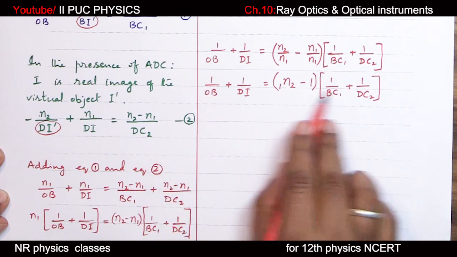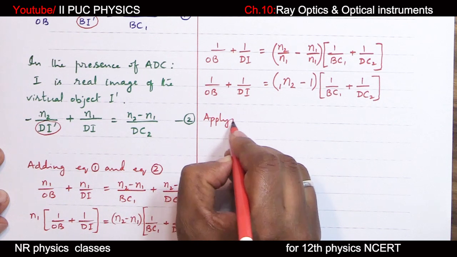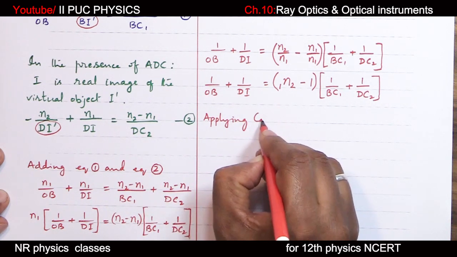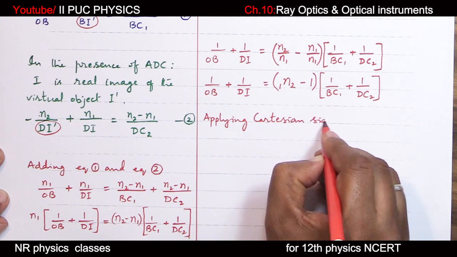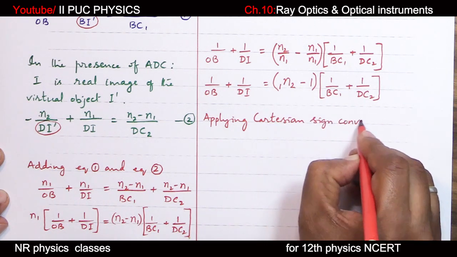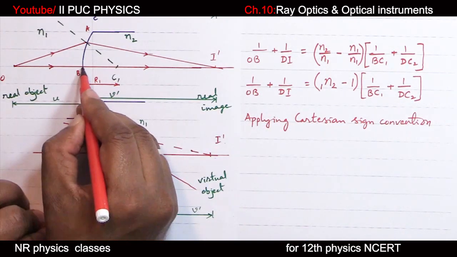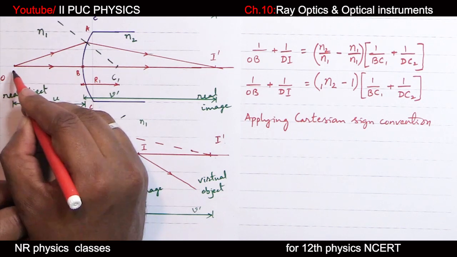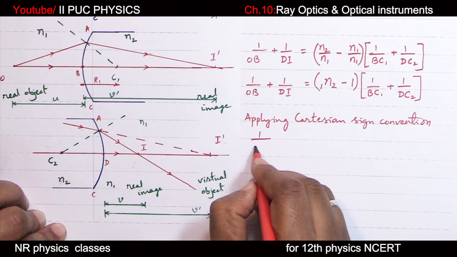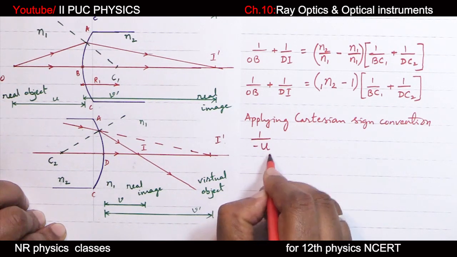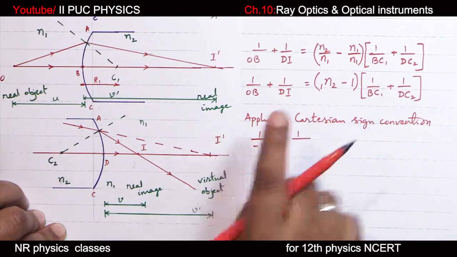Now applying Cartesian sign convention, 1 by OB from the pole to the left side. From the pole to the left side means distance is taken with negative, object distance, plus 1 by DI.